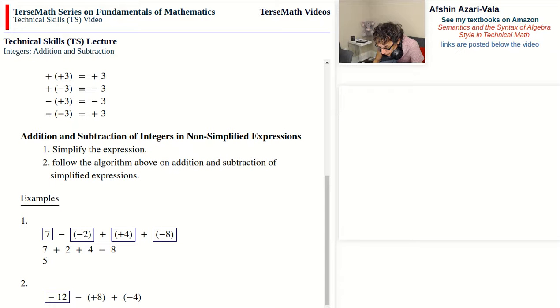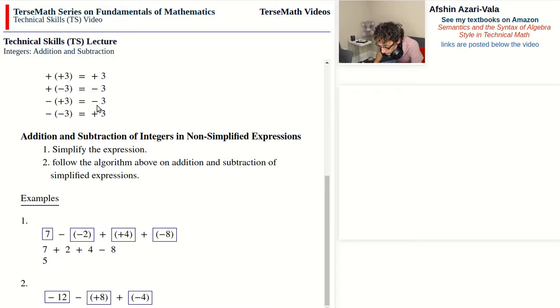And then this is followed by positive 8, which is a term, and this is followed by negative 4, which is the last term in the expression. And so here we have a loss of 12, followed by subtracting a gain of 8 and then adding a loss of 4.